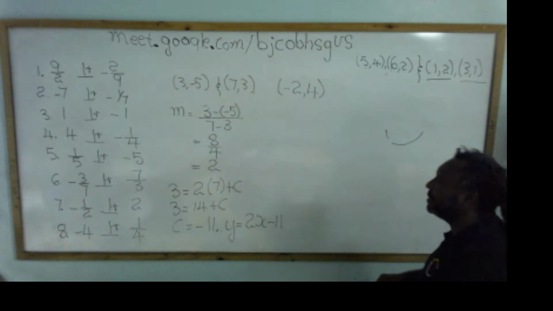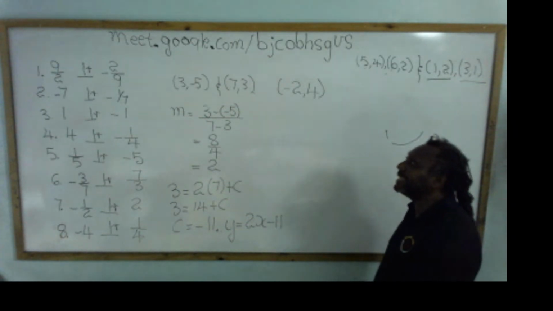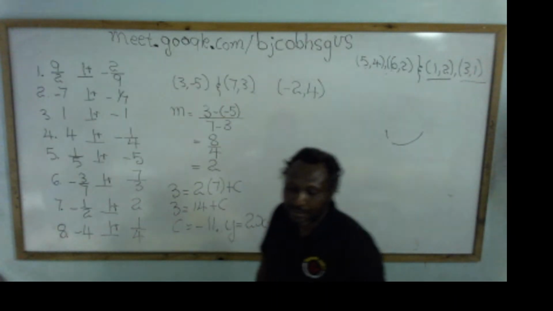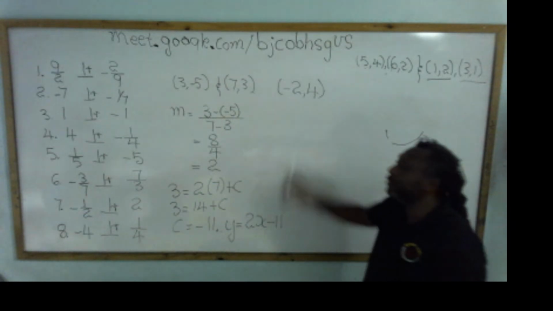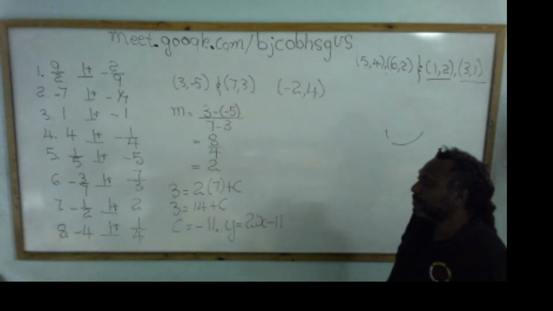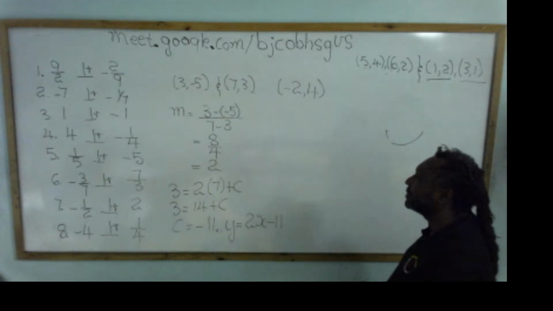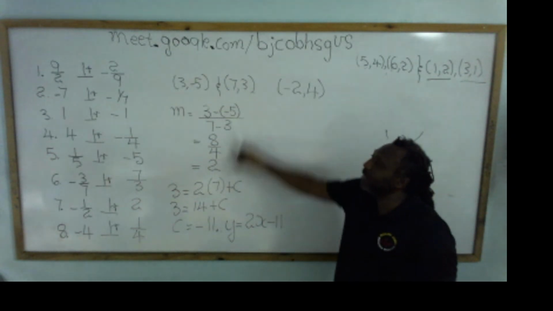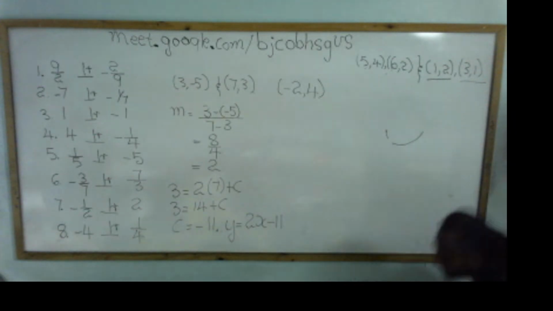The line passes through -2, 4 and is not perpendicular on this occasion, it is parallel. Parallel, not perpendicular. So the line passes through -2, 4 and is parallel to the first one. So the line that we are talking about here is parallel to the one that we have just worked with over here. What do we say?